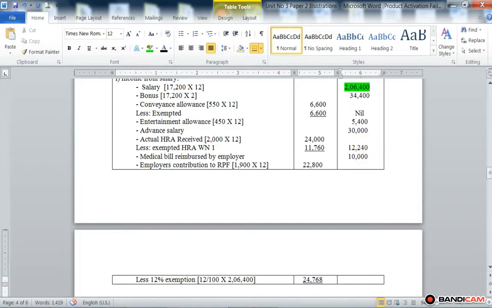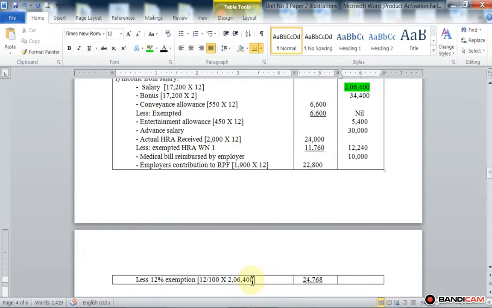Here the balancing figure is fully taxable.